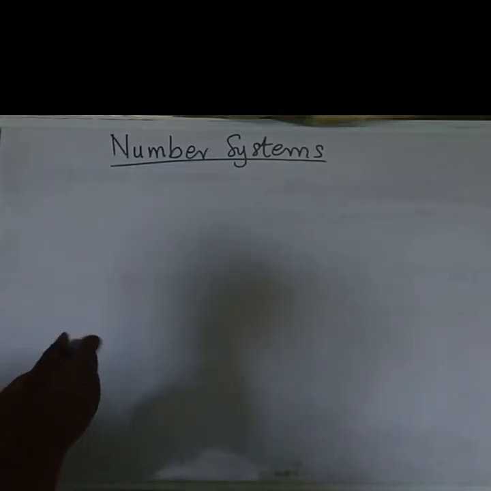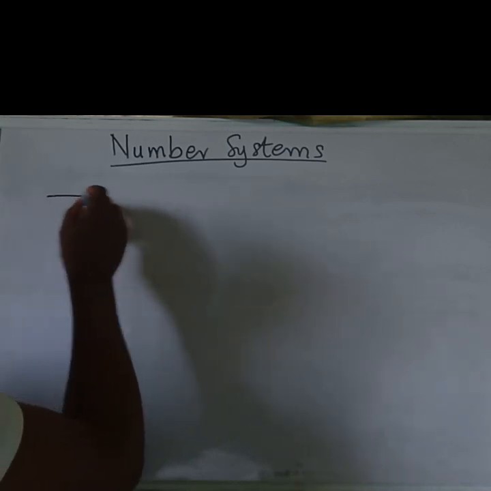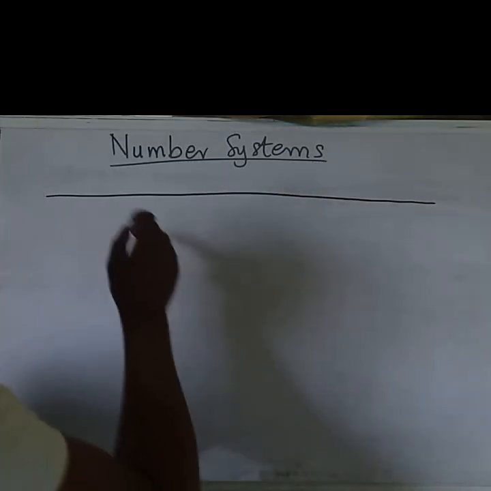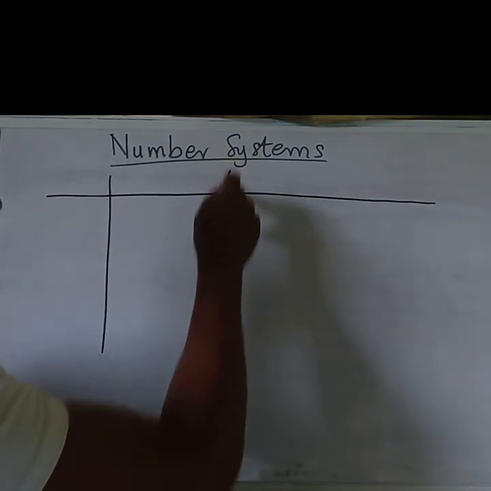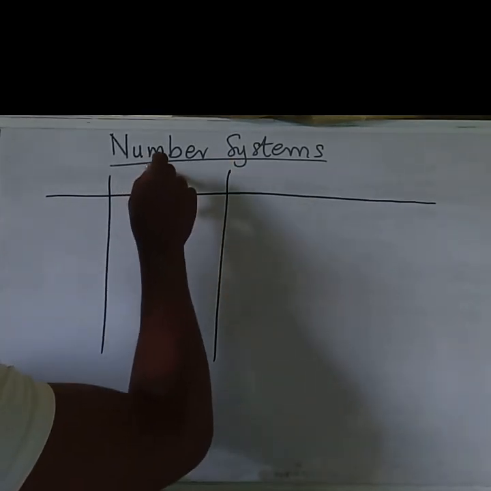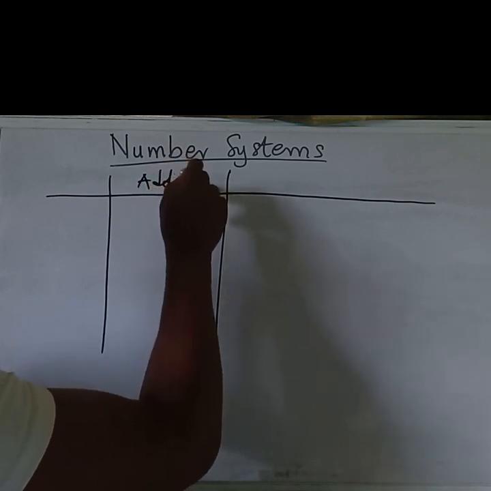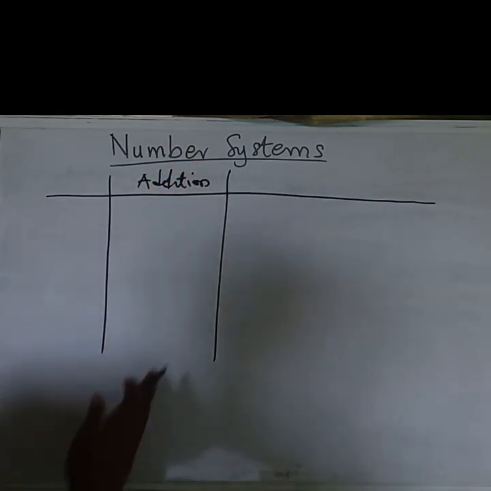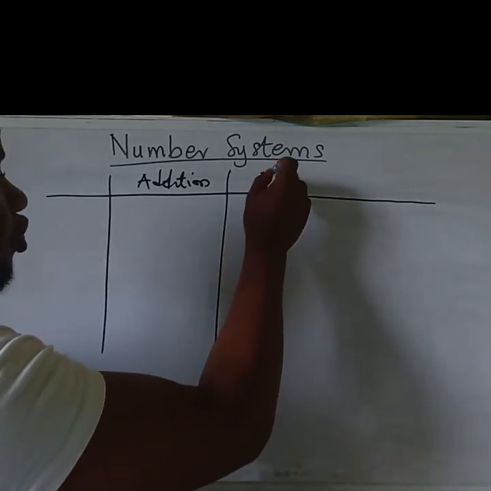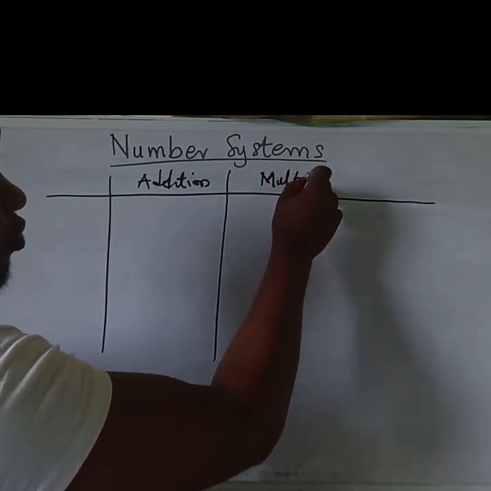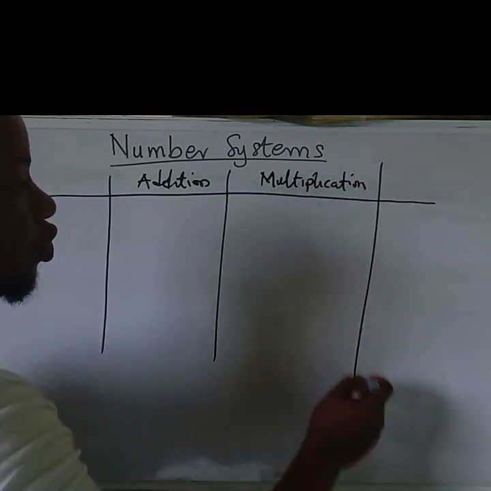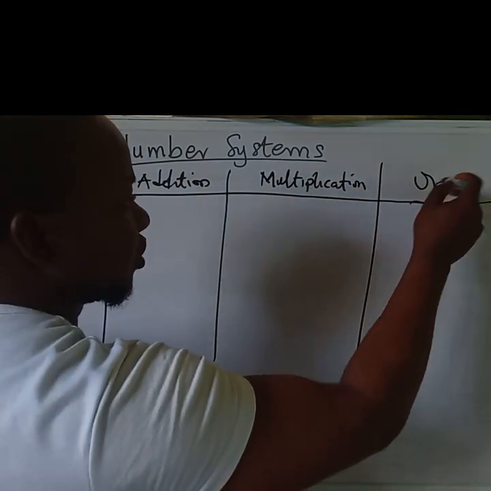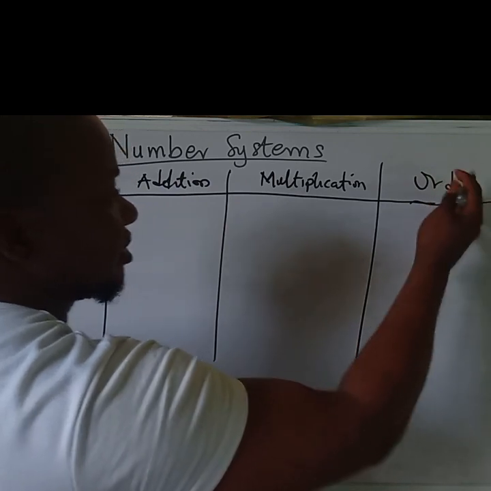So let's make this table. We'll call this addition, that is, all the operations we perform here are based on addition. All the operations we'll be talking about here will be based on multiplication, and all the operations we'll be talking about here are based on the other properties.